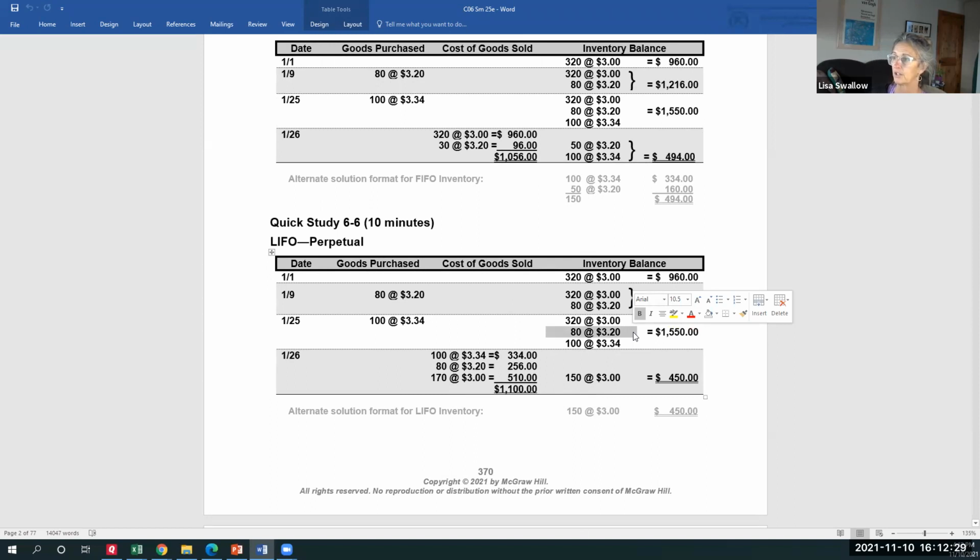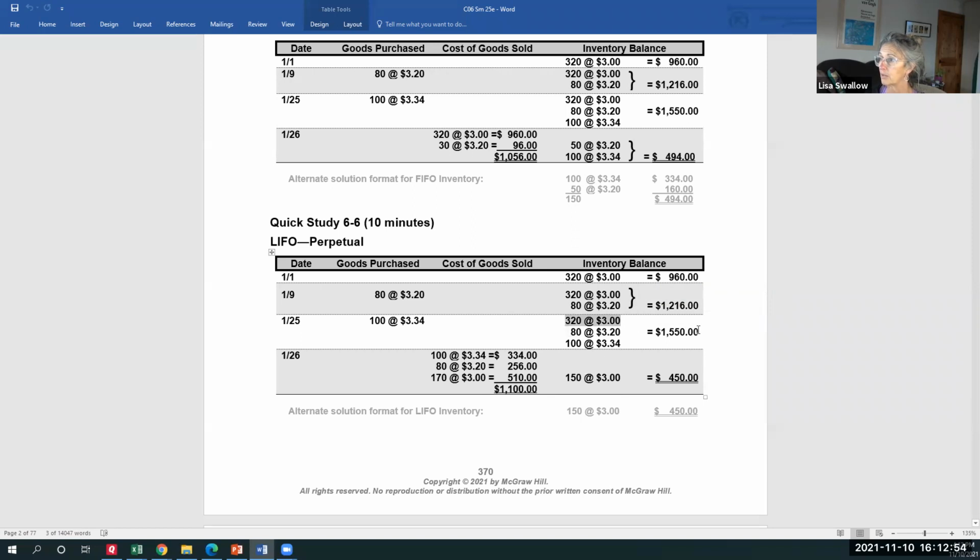So 350 units minus 180, I've got 170 left. Those are coming from here. So my cost of goods sold, as you can imagine without looking, in a period of inflation, with LIFO, my newest stuff is in COGS, so it is going to have a higher COGS than in FIFO.